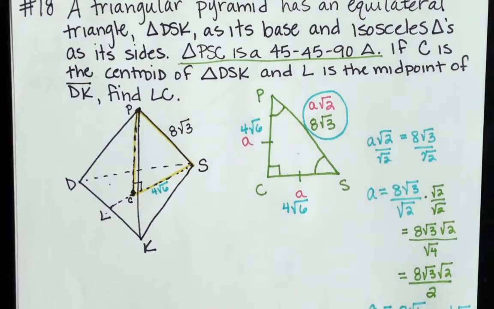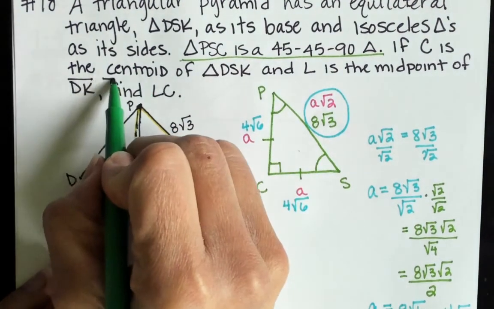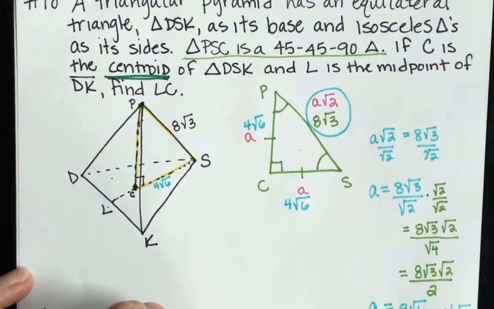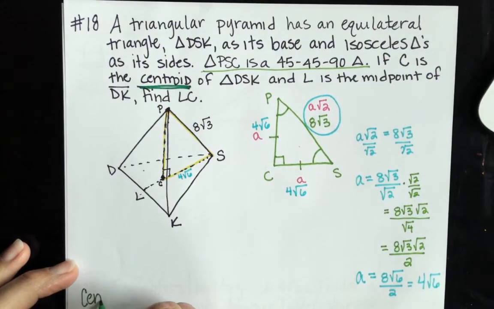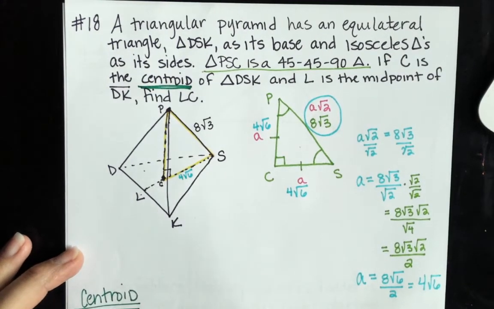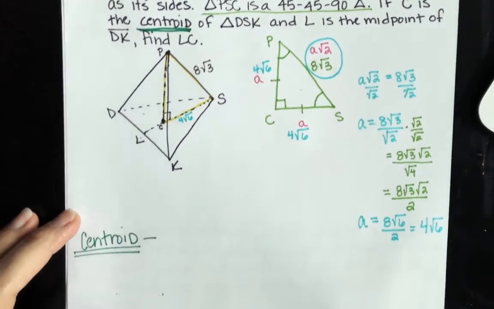It does go on, however, to say if C is a centroid. Now, here's some information from chapters past, and we're supposed to remember that a centroid has a formula because it's that point.